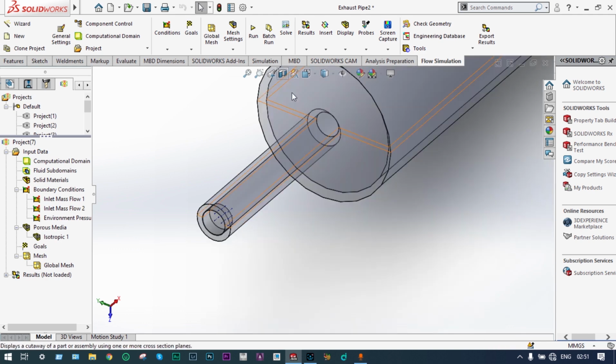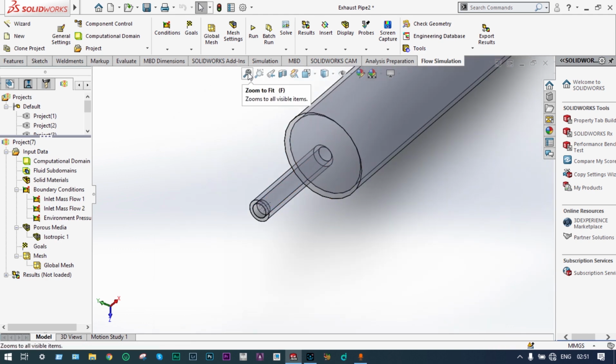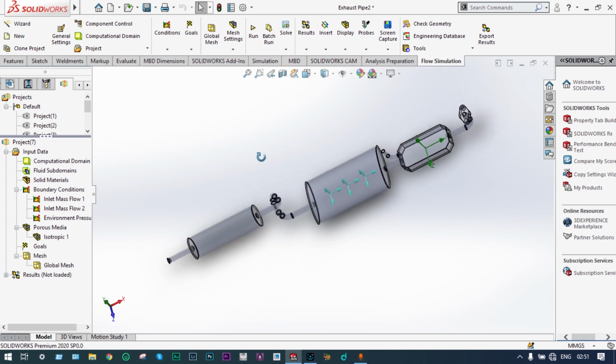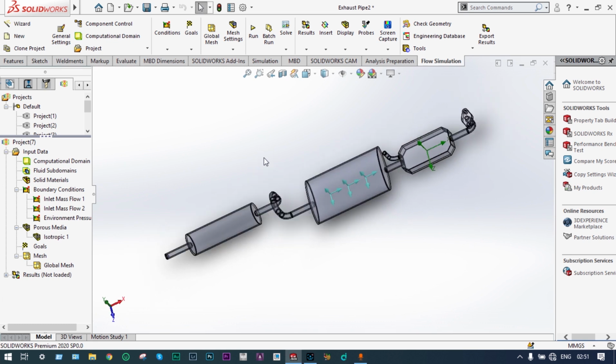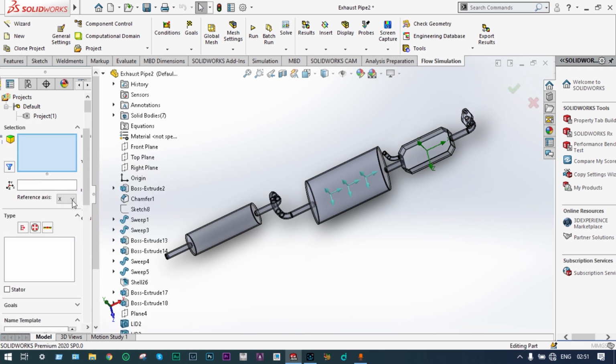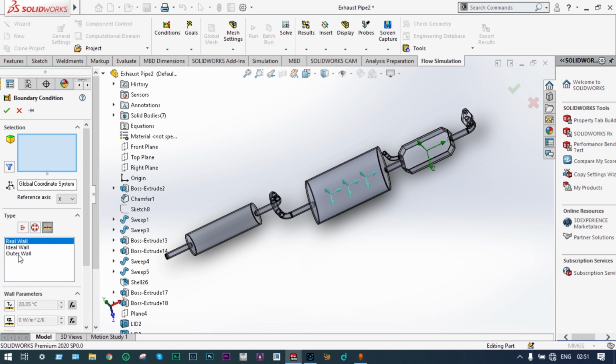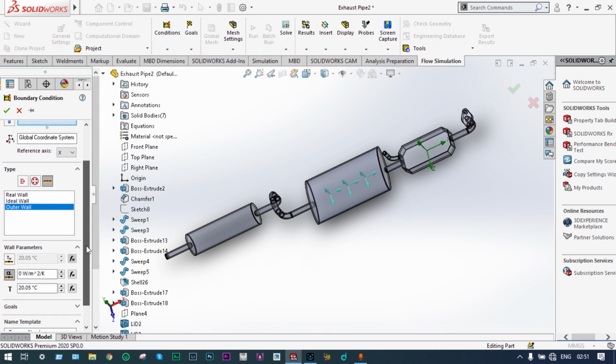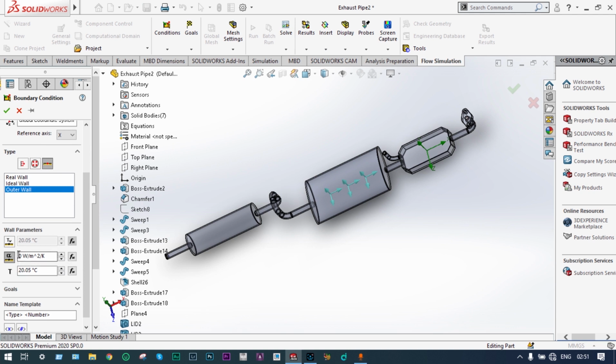Now we can select the complete view of this model, and finally the walls to be selected. We want walls to be transferring heat at a rate of 90 watt per meter square degree Kelvin by convection. So last boundary conditions, insert boundary condition, it will be from the outer walls, and convective heat transfer coefficient will be 90 watt per meter square degree Kelvin from the walls.